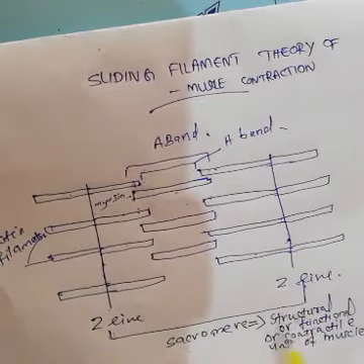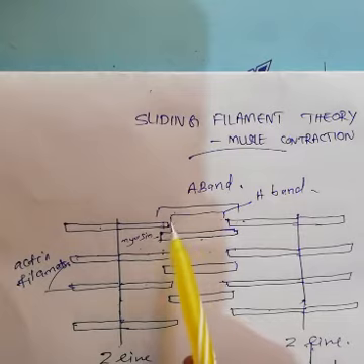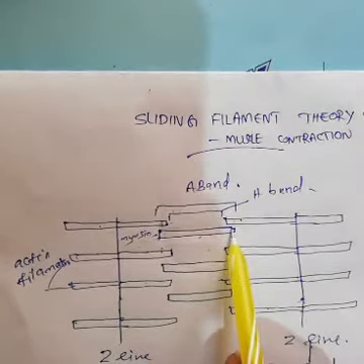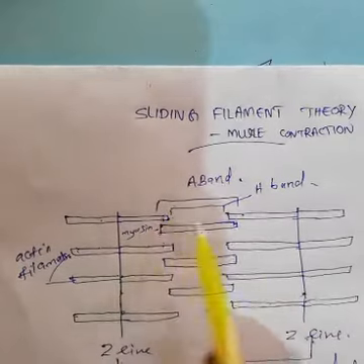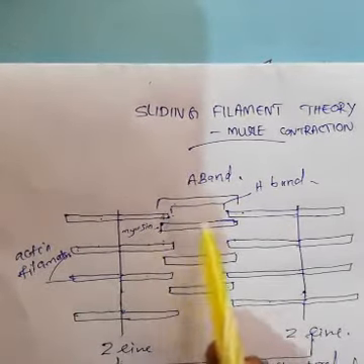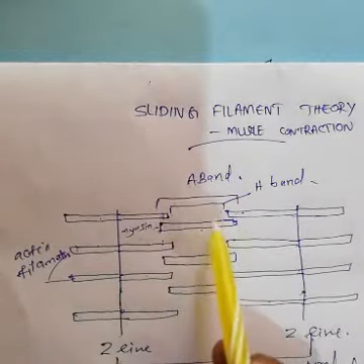This sarcomere is the structural or functional or contractile unit of muscle. Then the distance from one end of myosin to the next end of myosin is called the A band. The distance between two actin filaments is called the H band.